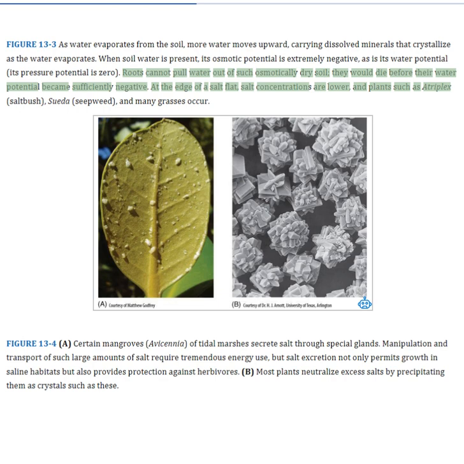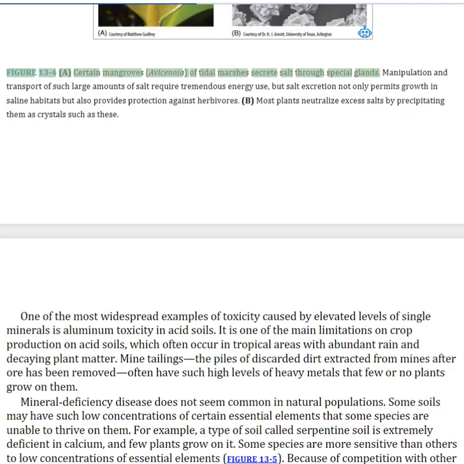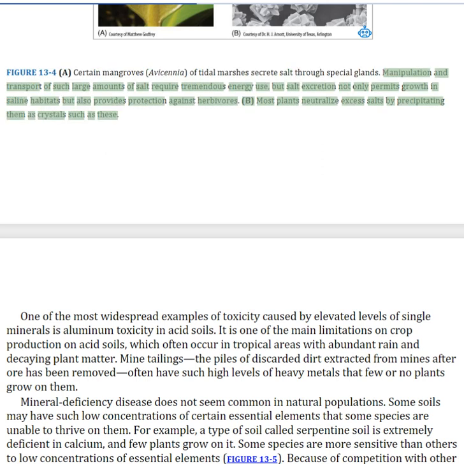At the edge of a salt flat, salt concentrations are lower, and plants such as Atriplex, Suaeda, and many grasses occur. Figure 13.4 Certain mangroves of tidal marshes secrete salt through special glands. Manipulation and transport of such large amounts of salt require tremendous energy use, but salt excretion not only permits growth in saline habitats but also provides protection against herbivores.